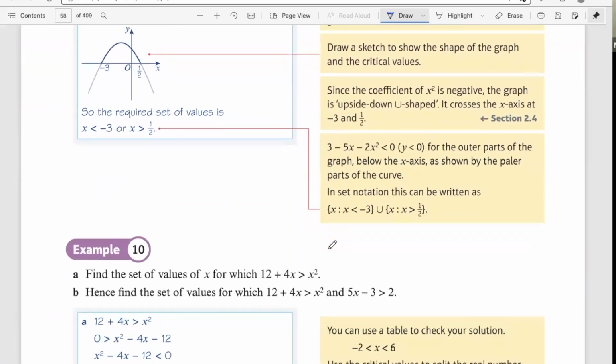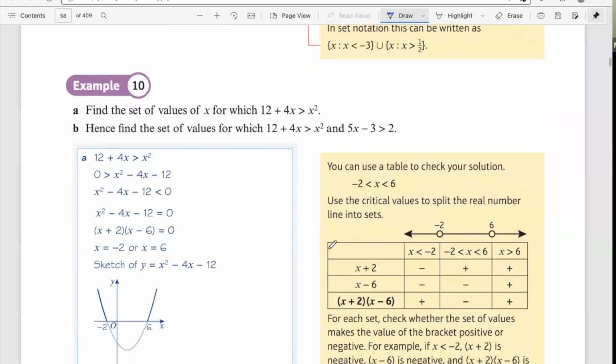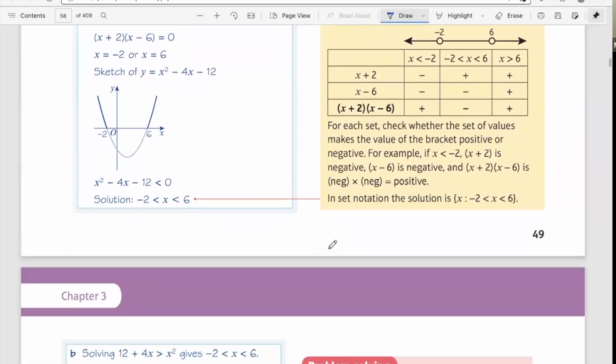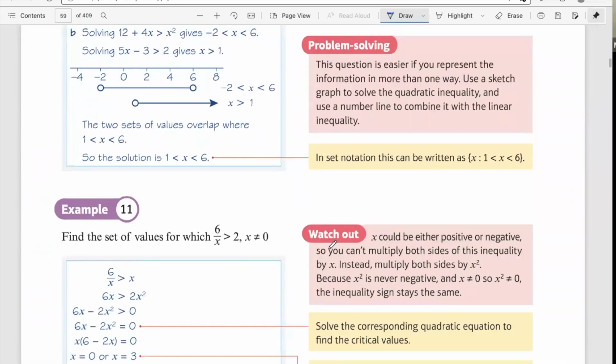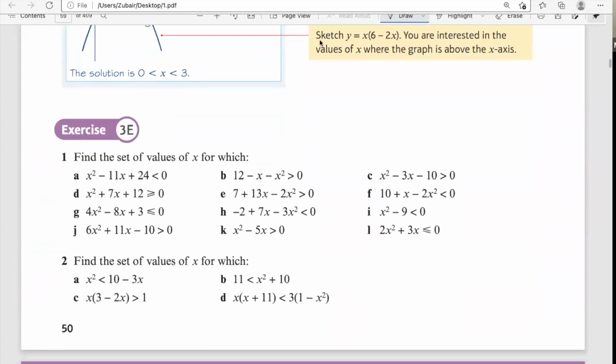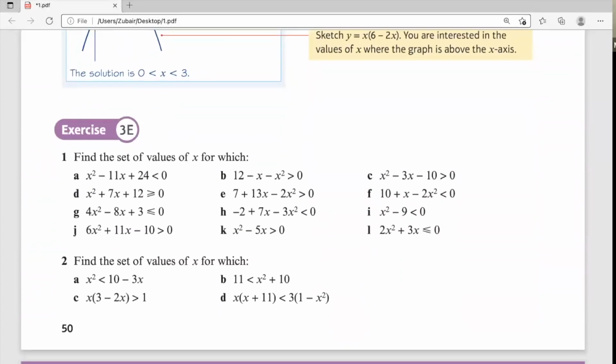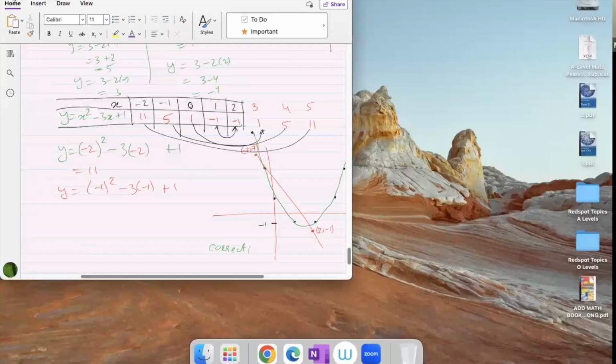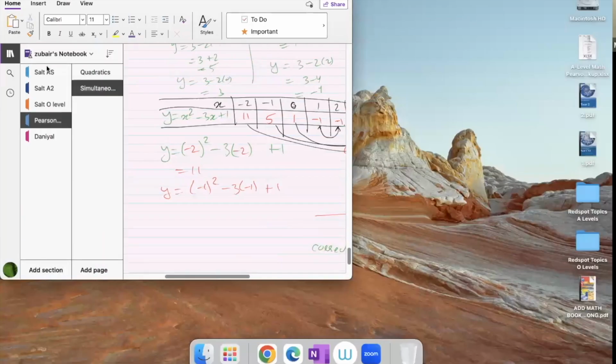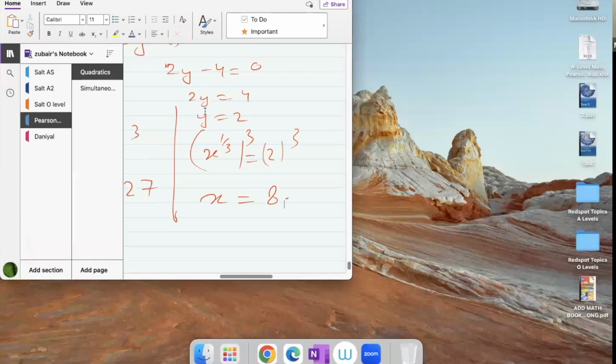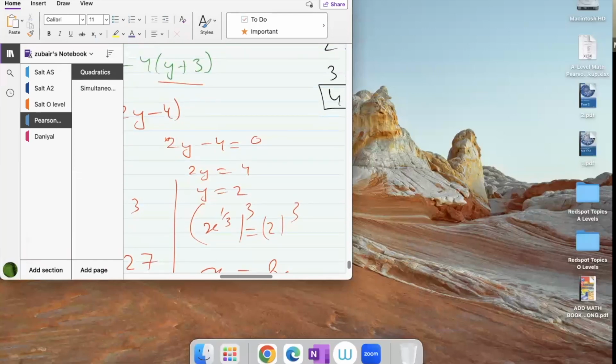Do you remember the sketching part, completing the quadratic equation into completing square form and then sketching it? Have a look at this. Quadratics.